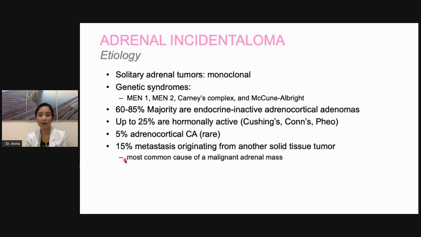The more common one will be metastasis, no, originating from another solid tumor, and this is the most common cause of a malignant adrenal mass. No? So a metastatic tumor is more common than an inherent adrenocortical carcinoma. Okay?